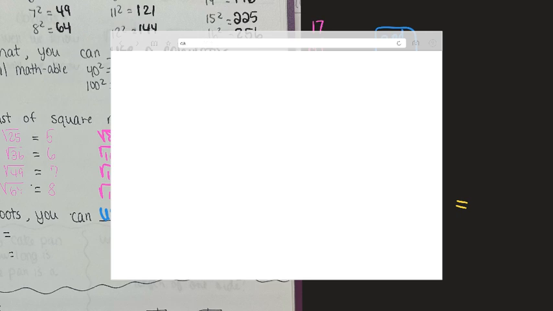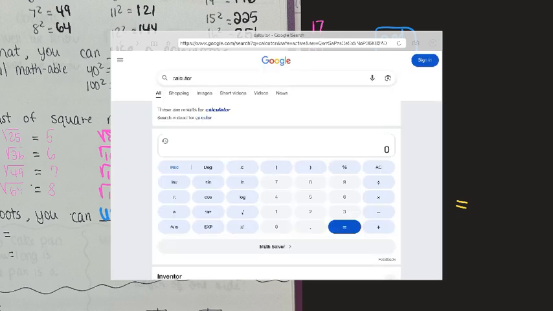If you have the internet, you have calculators. Google has a calculator. There's the square root button. And I think on this one you have to hit the square root button first. So let's see. How do I clear it right there? Nope, it thinks clear.